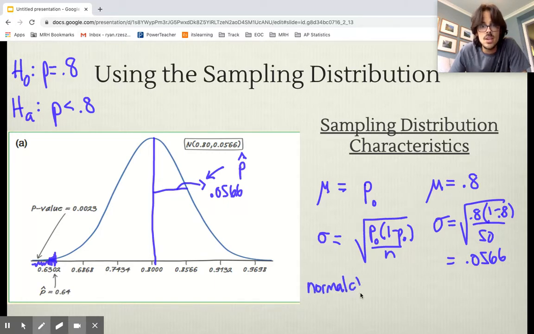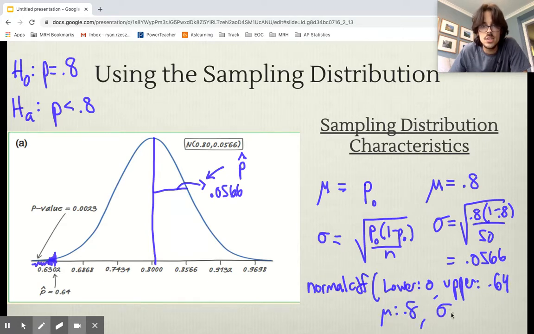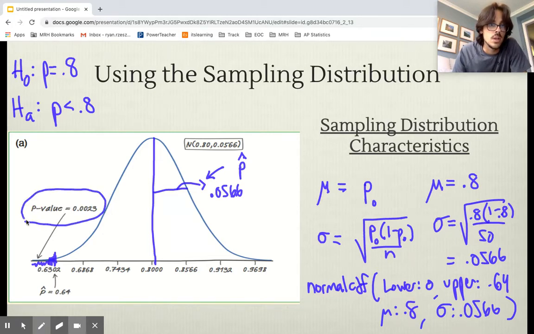If you set up a normal CDF with a lower bound of 0 and an upper bound of what we actually got in our sample, a mean of 0.8 and a standard deviation of what you got right there, you should get a p-value of about 0.0023. Okay? So that's the p-value you'll end up getting if you do a normal CDF on this problem.